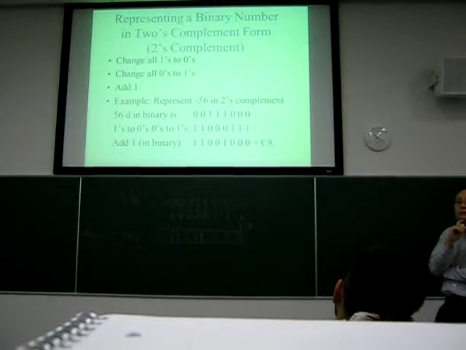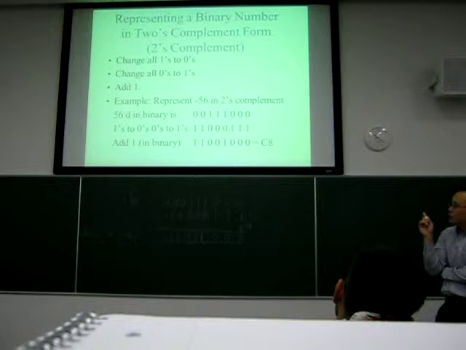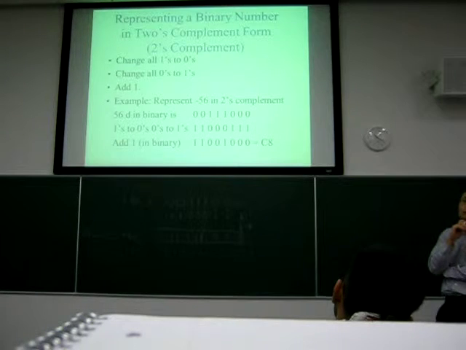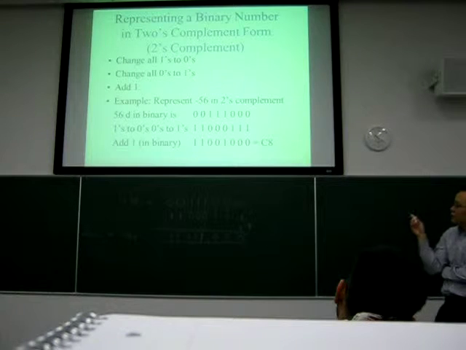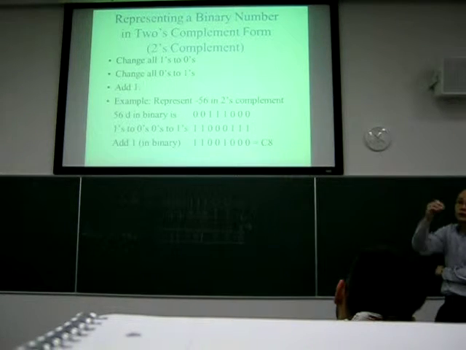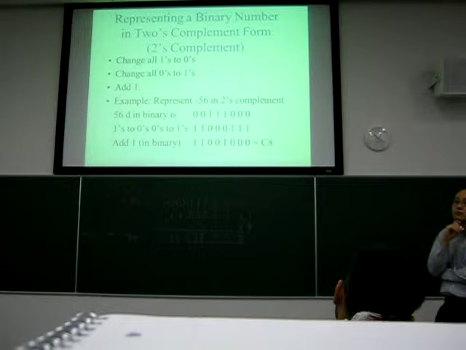But why would you want to represent minus 56 in the first place? When you are doing a subtraction. Exactly. So normally you would only use 2's complement when you do a subtraction. Otherwise you take that for, like you said, 200.